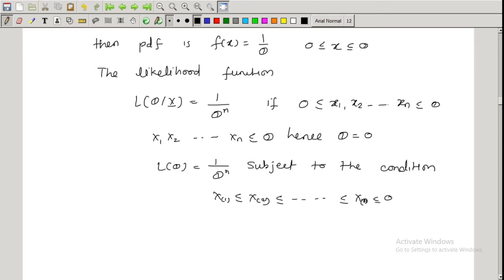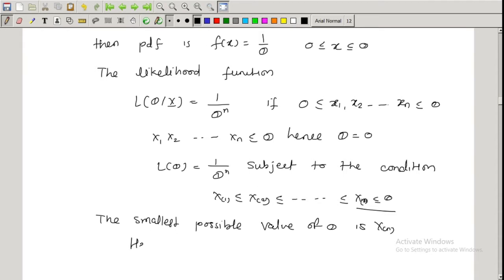The smallest possible value of theta, if we compare here, smallest possible value of theta is x order n.